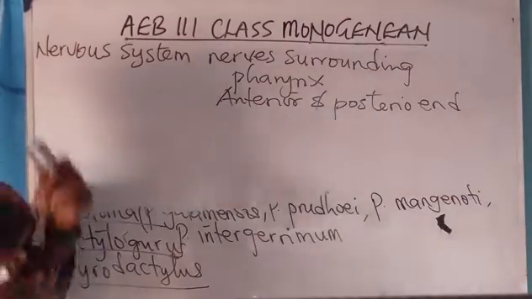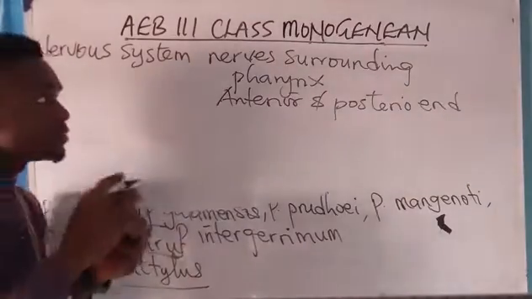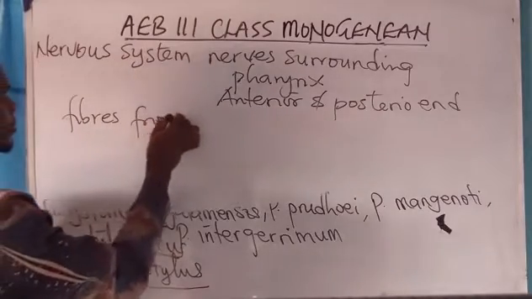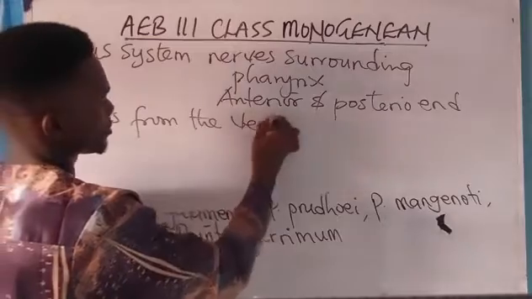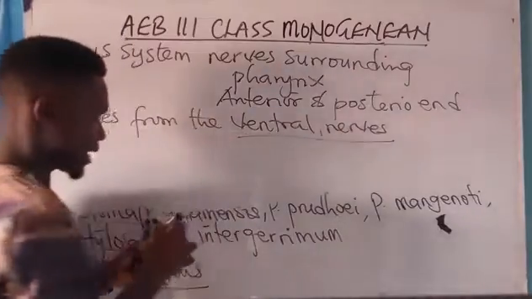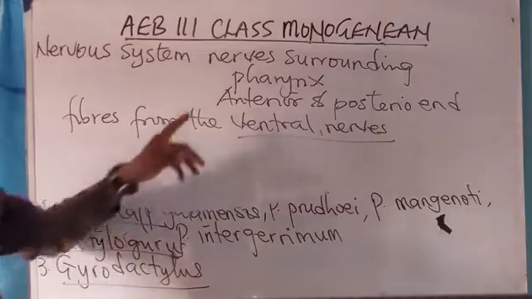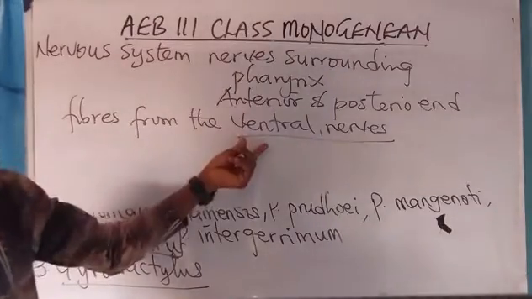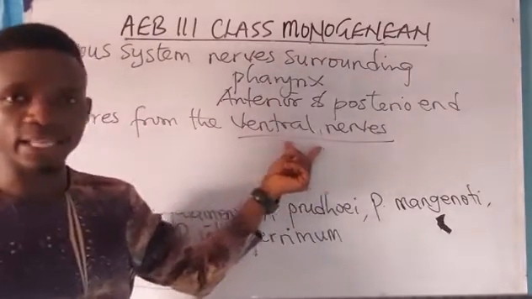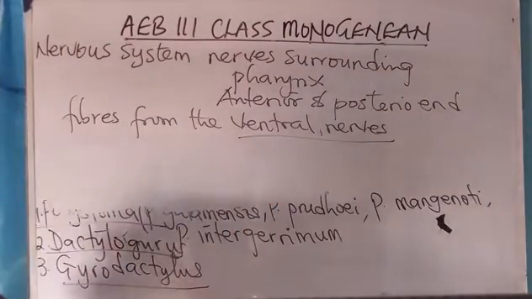I told you that the opisthaptor, which is used for attachment, is found at the ventral region of the organism, and this opisthaptor is supplied with fibers from the ventral nerves. So the nerves that provide fibers to the opisthaptor are from the ventral region. They are ventral nerves, not dorsal nerves. Please take note of that. It is very, very important.